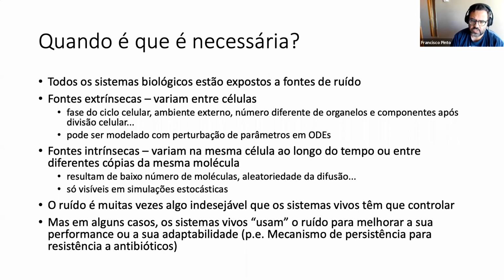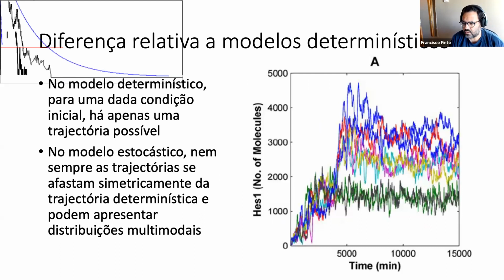So it's a situation like this one. There is a fixed point with a high level of the protein and a fixed point with a low level of protein. In this case, it would be helpful if this lower level were much lower, so that the metabolic cost would be very low.